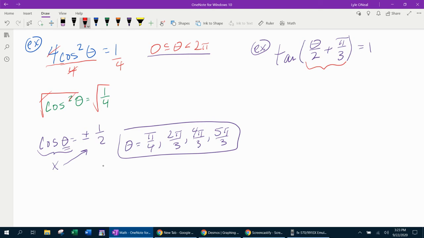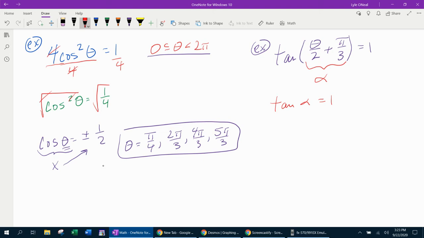So I'm going to call this angle alpha. Really what I'm concerned with here is in the unit circle, what angles alpha, when I take the tangent of them, produce an outcome of 1.